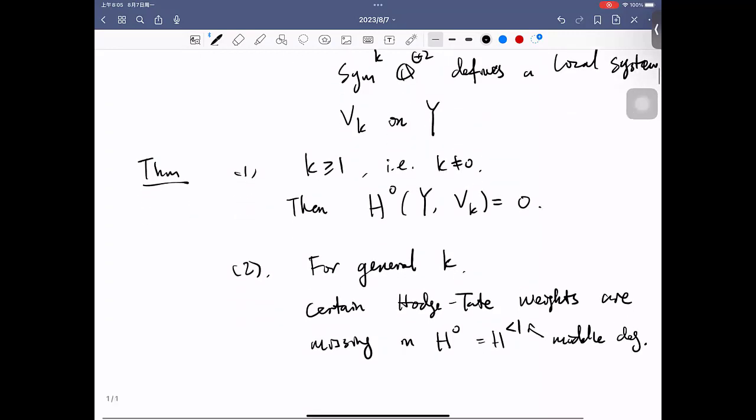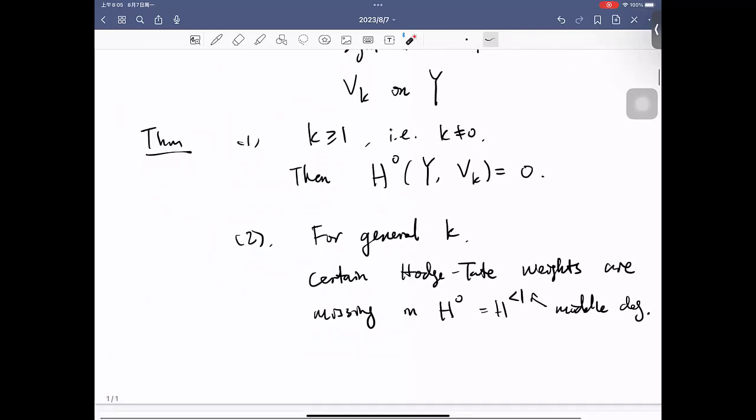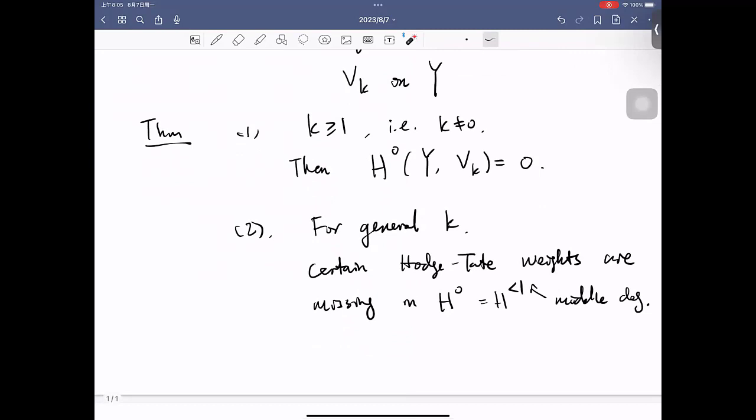Okay, I will be a little bit more precise about this statement, but the idea is that even though H0 can be non-zero, there is still some vanishing in terms of Hodge weight. So the cohomology classes appearing in H0 are more singular.